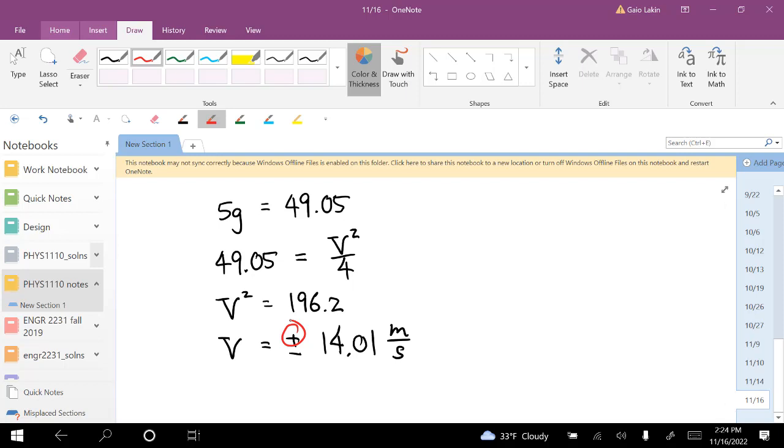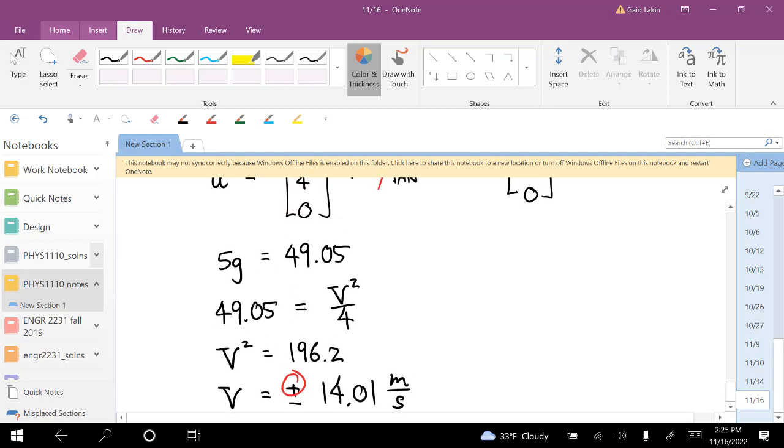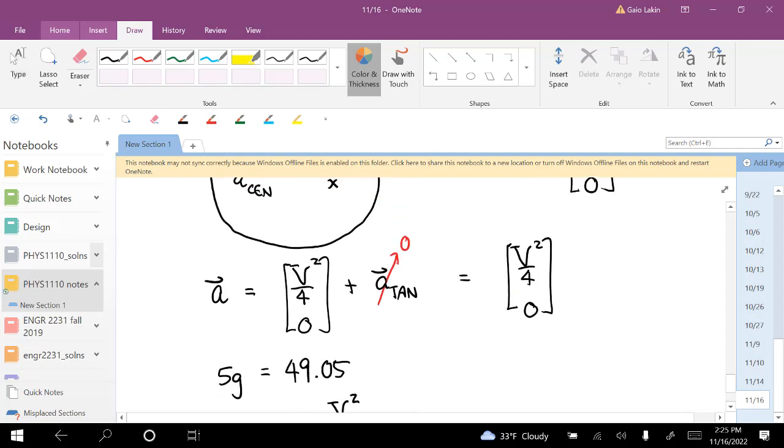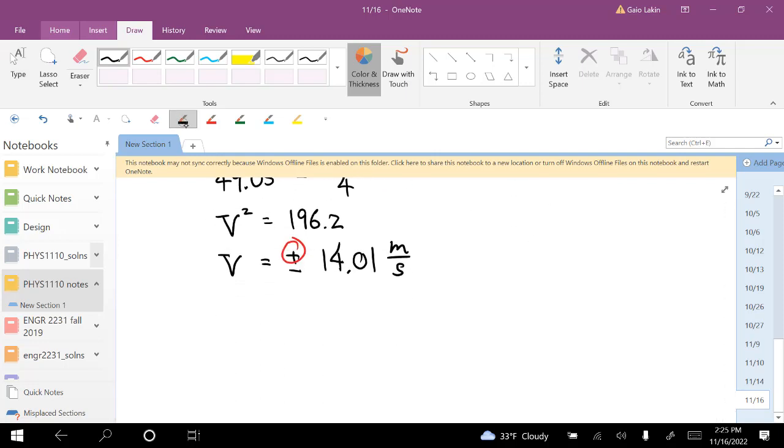Right. So in the homework, if you ever get negative, it always just has to be positive. Yeah, speeds always have to be positive. Yep. Any questions about that? Okay, so let's do another uniform circular motion problem.